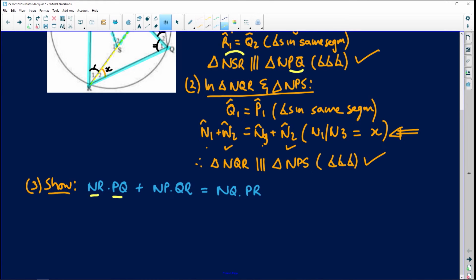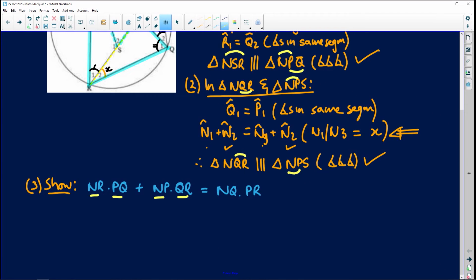I also want NP and QR. So I also want NP, which is this one here, and QR. So maybe the NP and the QR comes from this triangle over here. Let me use the bottom here, NP and QR over there. So I'm going to start anywhere and pull those ratios out of my similar triangle.